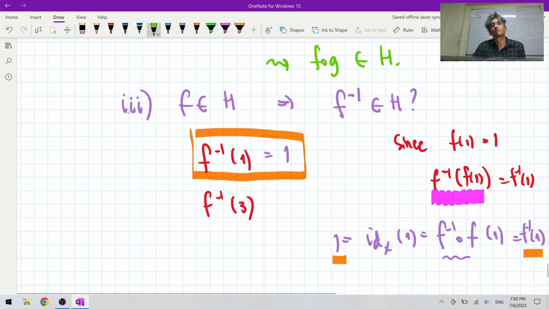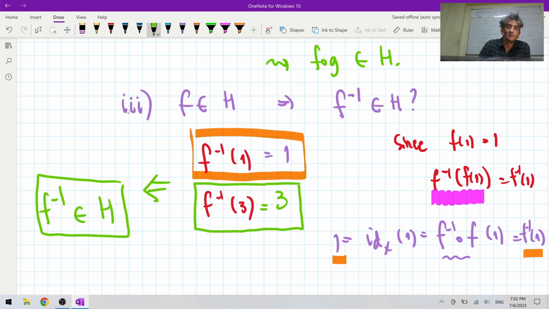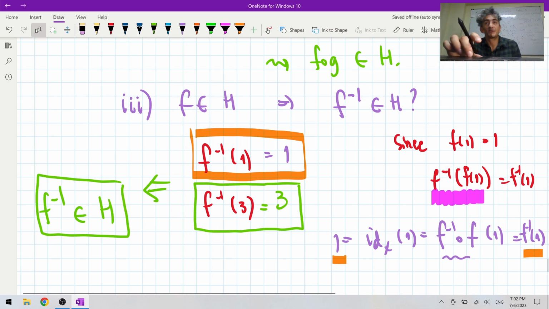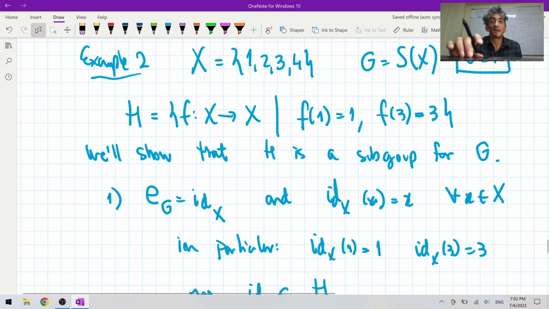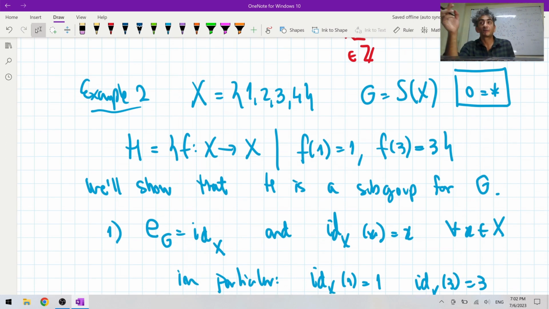The inverse of f also fixes 1, and by the same token we can show that the inverse of f also fixes 3, and that means that the inverse of f belongs to H as well. Since the element f in H was generic, then H ends up being a subgroup of a non-commutative group G.